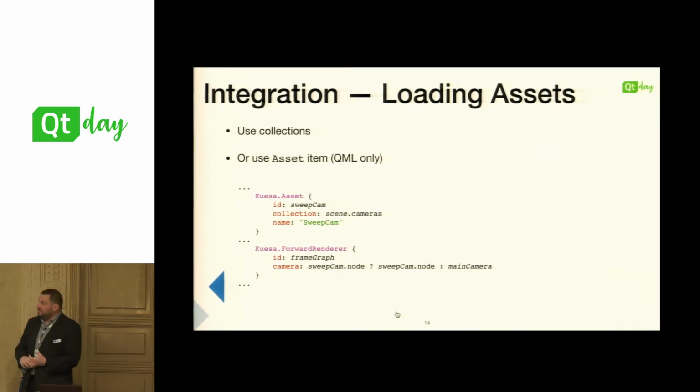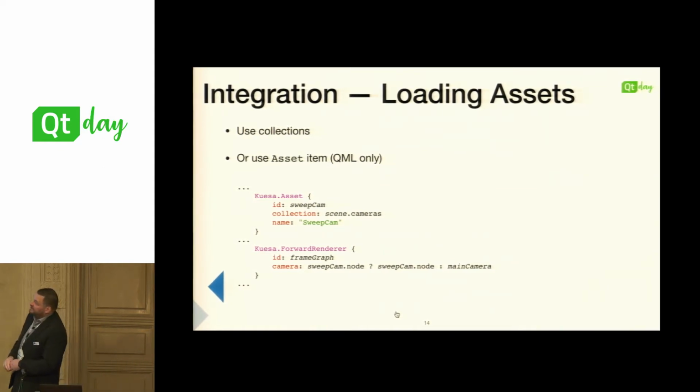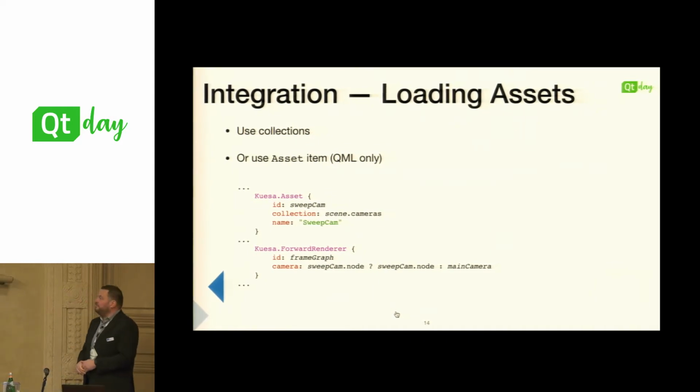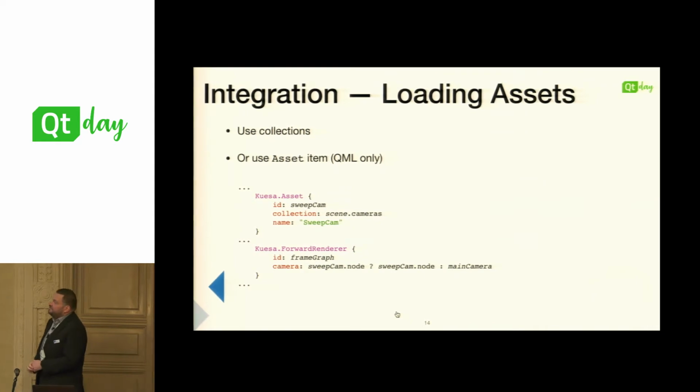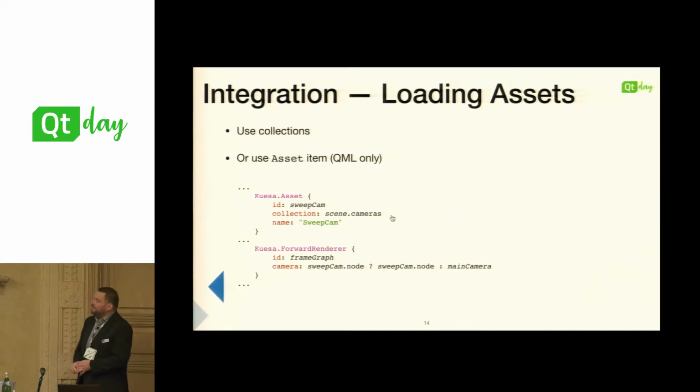A nicer way of doing it is by using an item called Asset, which is a bit like a binding in QML, for those of you who know QML. So for an Asset, you give it a collection. In this case, I'm interested in looking at cameras, and you give it a name.